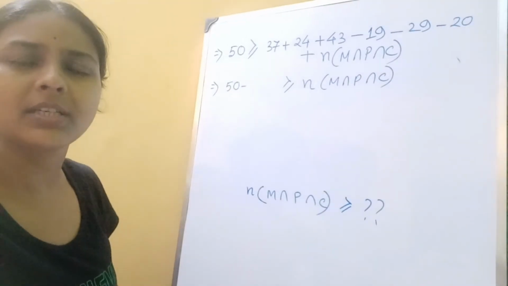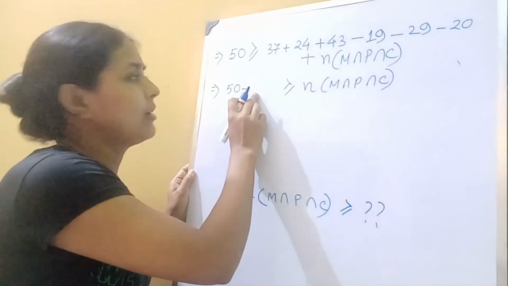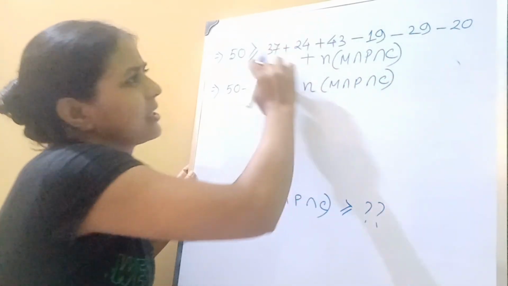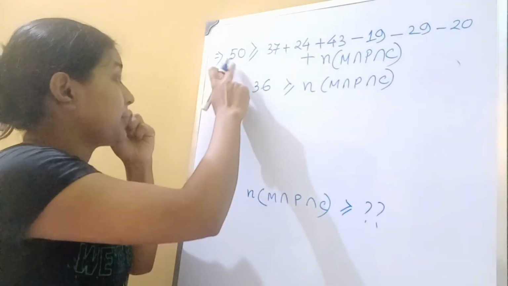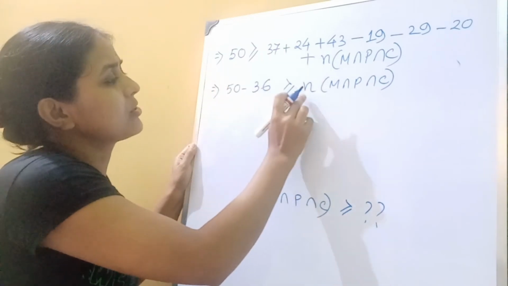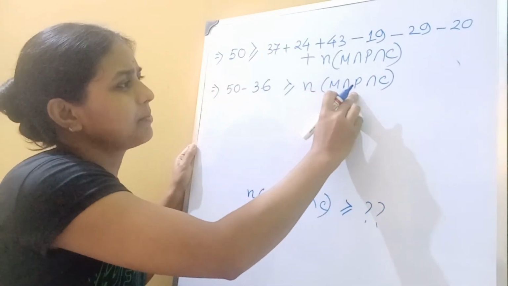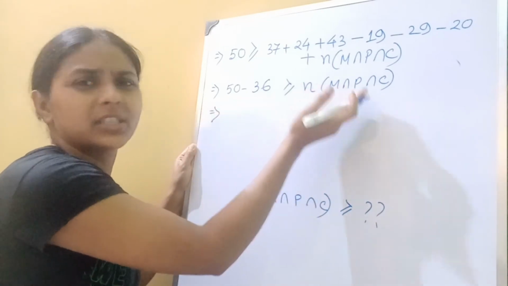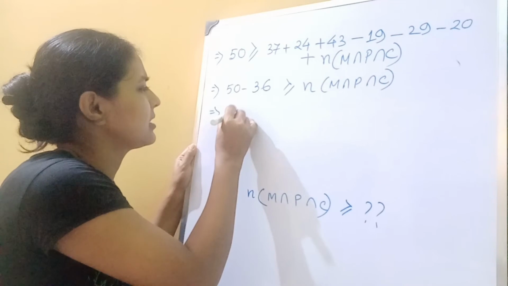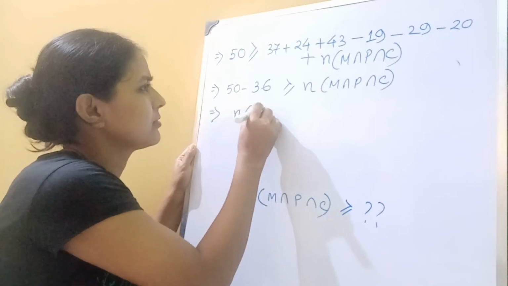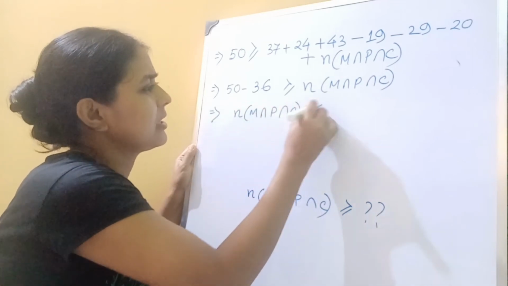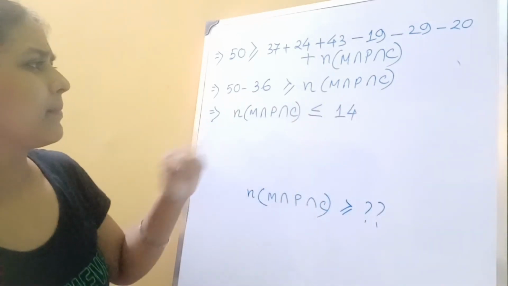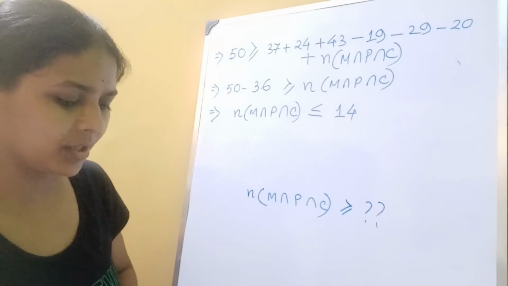I am calculating it. This value is 36. The whole value is 36. So it's 50 minus 36 greater than or equal to n of M intersection P intersection C. From this we can write down, just taking it to the left hand side like this, less than or equal to 14. Okay, less than or equal to 14.